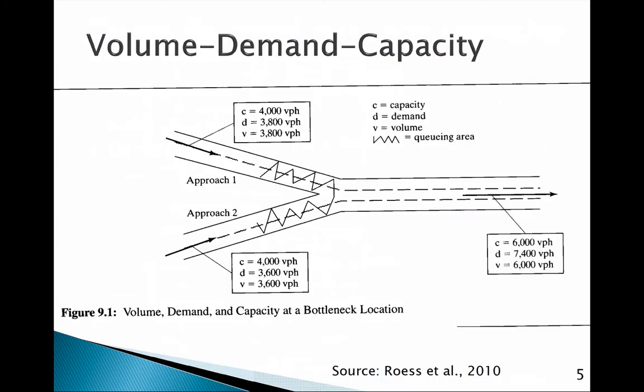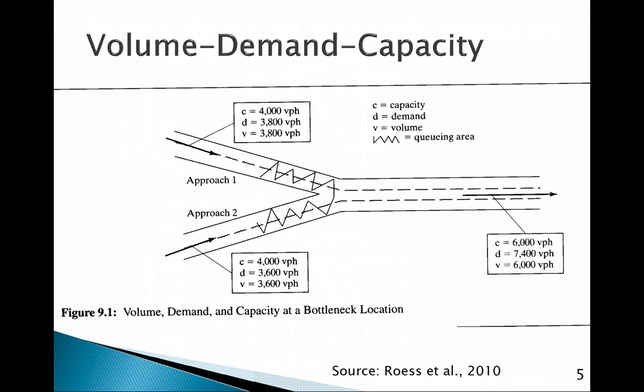So on approach 1 and approach 2, in approach 1, the capacity here is 4,000 vehicles an hour. The demand is 3,800. And so all 3,800 cars can get through, right? Because the demand is less than the capacity. Same on approach 2. The demand's only 3,600. The capacity is 4,000. So all those cars can get through those approaches. But what happens when they combine, when they merge into this 3-lane section immediately downstream?